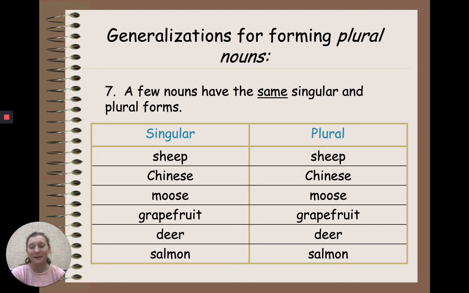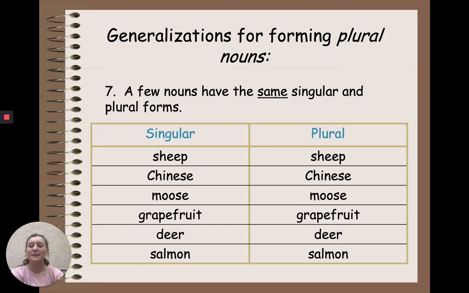Now we also have some nouns that are the same, both singular and plural. So if we're talking about one sheep, we're talking about one sheep. If we're talking about multiple, it still is sheep. So we can say there is one sheep in the pasture, or we can say there are many sheep in the pasture.